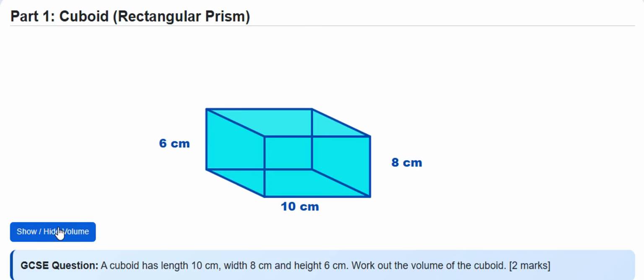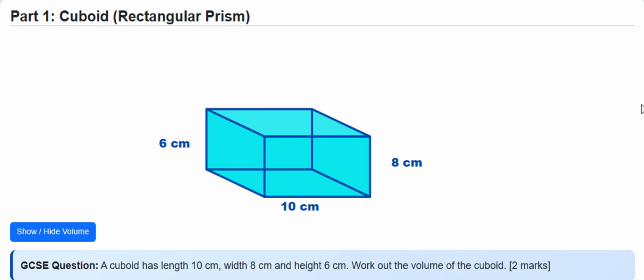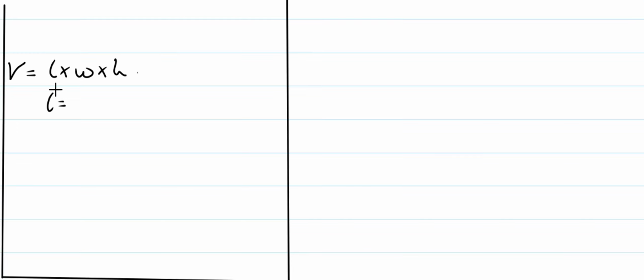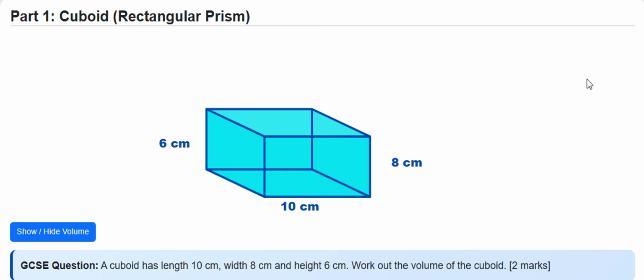So to get the volume of a cuboid, we said volume V is given by length multiplied by width multiplied by height. But you see, we are given the length as 10 centimeters, then the width is 8 centimeters, and then the height is 6 centimeters.